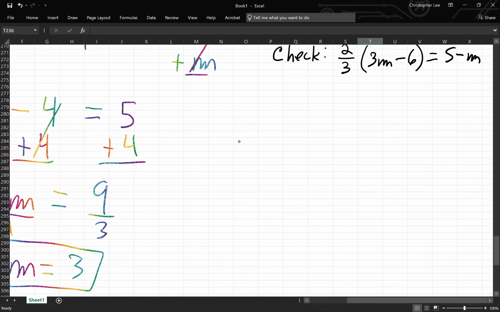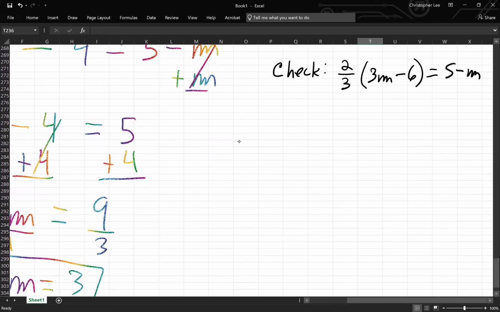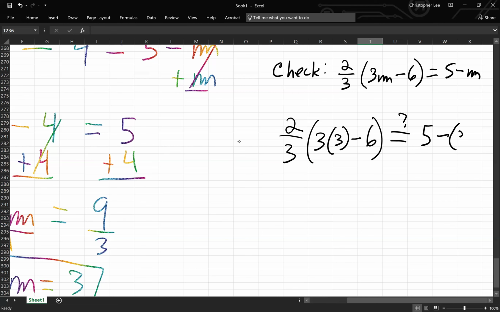And then I found that m equals 3. So I want to know if 2 over 3 times 3 minus 6 allegedly equals 5 minus 3. I don't know if they're equal, but I want to find out. So what should I do first? What do we think?